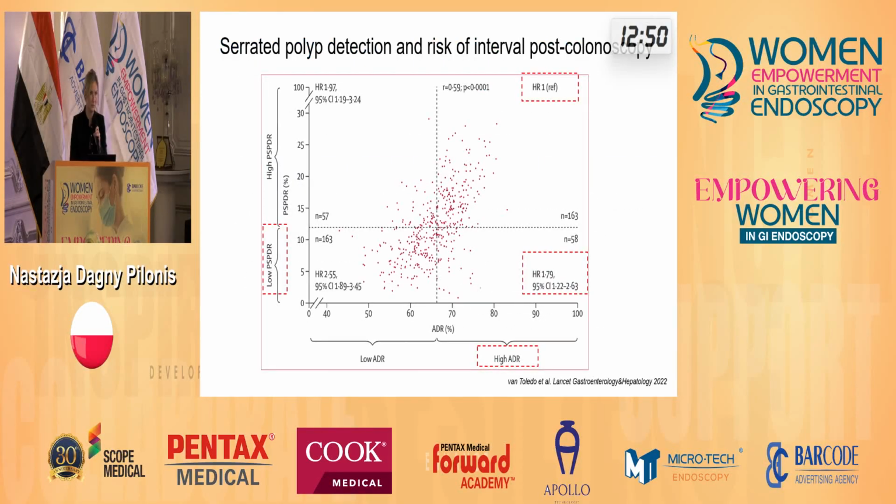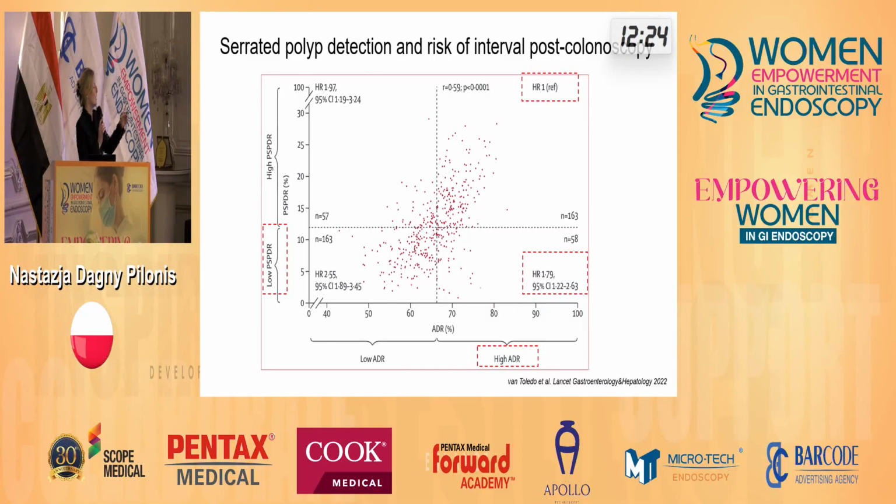And again, I just wanted to show you these results from a big population-based analysis from the Netherlands. They asked this question: if the endoscopist has high detection of adenomas but low detection of serrated lesions, is the risk of post-colonoscopy cancer high in those patients or not?